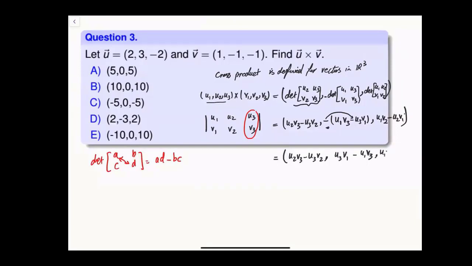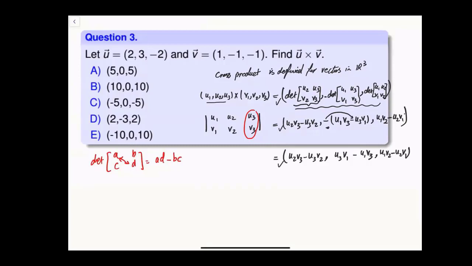And then U1 V2 minus U2 V1. Any of these formulas you use will work, or any other formula you know. The reason I start with this one is that we will use this formula later when we study the determinant.